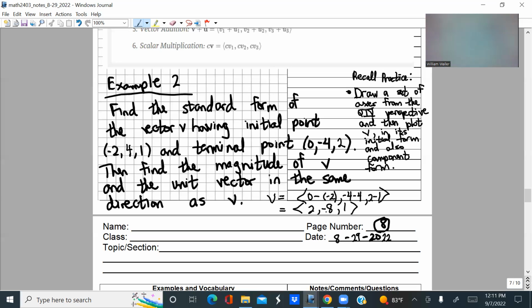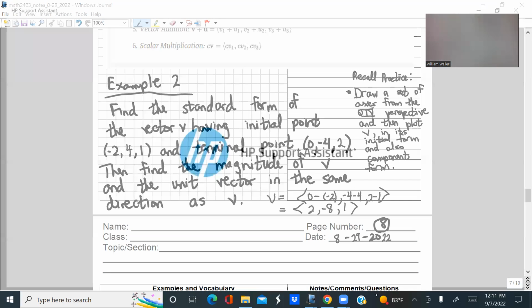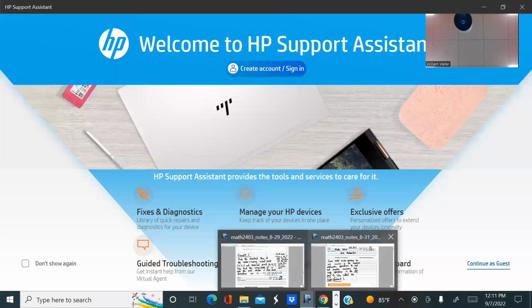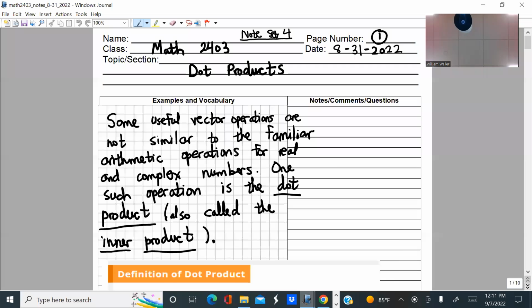All right, so there were really a couple of ways you could have plotted things.